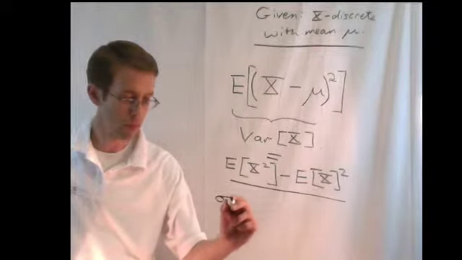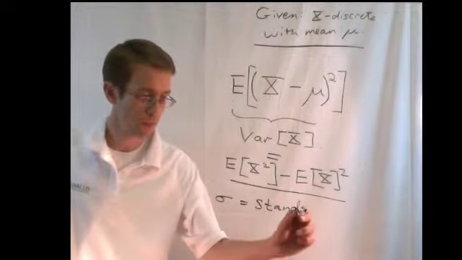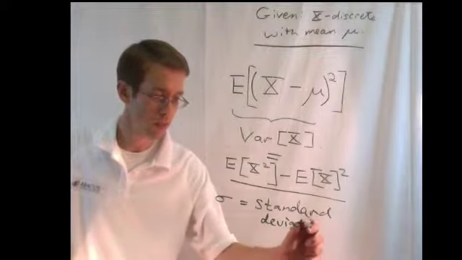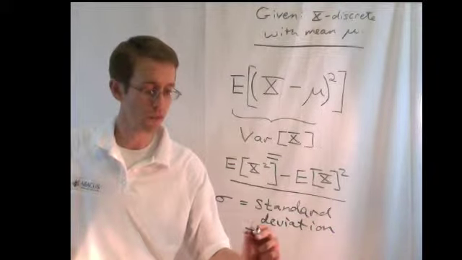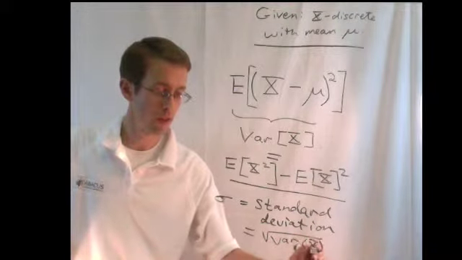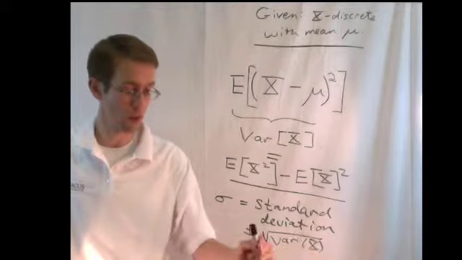We use the symbol sigma to stand for the standard deviation of x. The definition of sigma is the square root of the variance. That does the job of fixing the units. If x is in dollars, variance would be in square dollars.